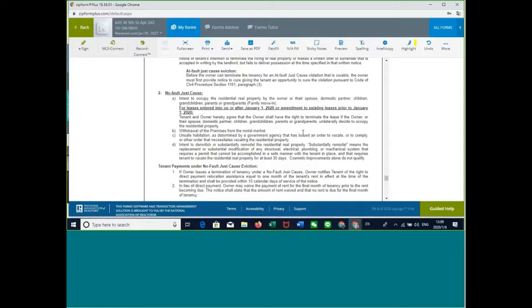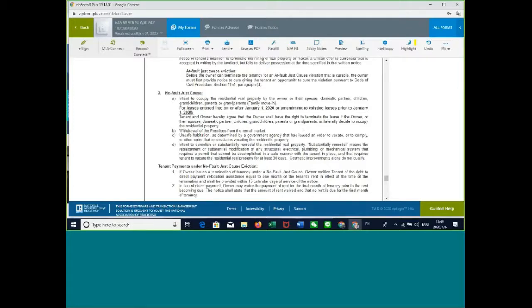Okay. Unsafe habitation. Now, if the government finds that the property is unsafe, right, and they have to end the lease because it has to be fixed up, right? You say unsafe habitation as determined by a government agency that has issued an order to vacate or to comply or other order that necessitates vacating the residential property.